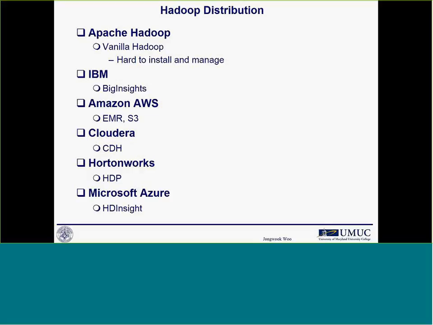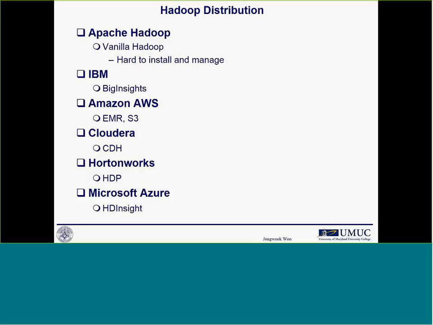But anyhow, instead of using vanilla Hadoop, if you use cloud computing like IBM, Amazon, or Azure, or if you download CDH or HDP, then it is very easy to install Hadoop, maybe in 30 minutes, and you can immediately start your Hadoop project. It's like with Linux: you don't use vanilla Linux, right?